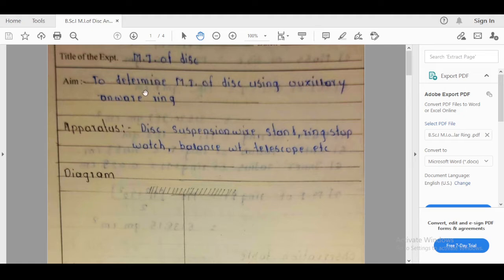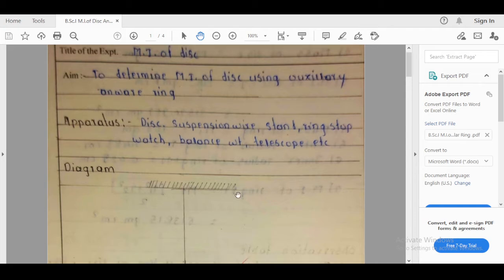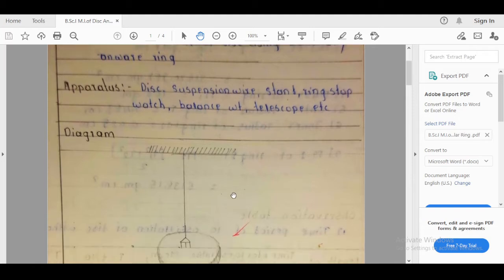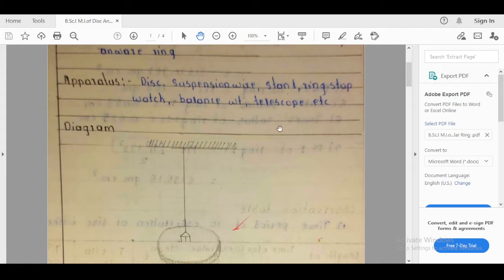For this, the required apparatus are the disk, of which we have to determine the moment of inertia. In order to suspend this disk, we need a suspension wire. It is shown here, this vertical one. Then for mounting this, we need one stand and annular rings.